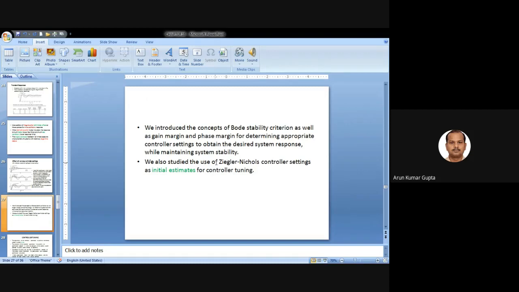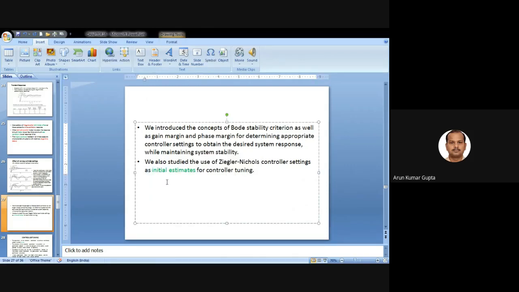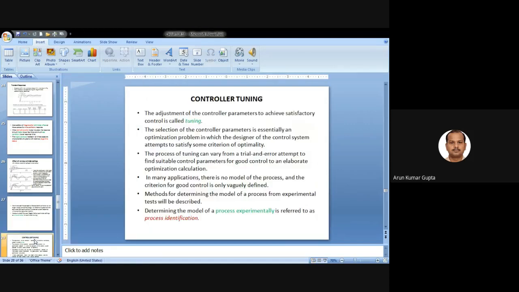We also studied the Ziegler-Nichols control setting as an initial estimation of the controller tuning. I highlighted initial estimation because this only provides you some initial guess. You can play around with this data.